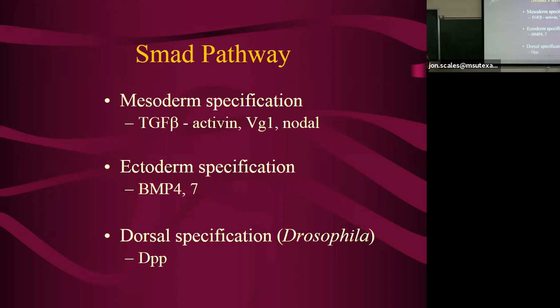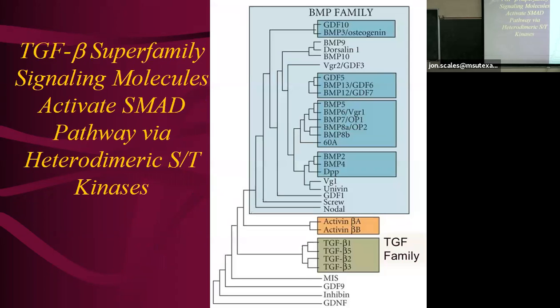So there are three major groups of these ligands, as this slide might allude to. There's the TGF-beta families, the BMP families, and the activin families. Well, they're throwing activin in here. So you have alignments here. This is one way of representing the family groups or the closest relationships.